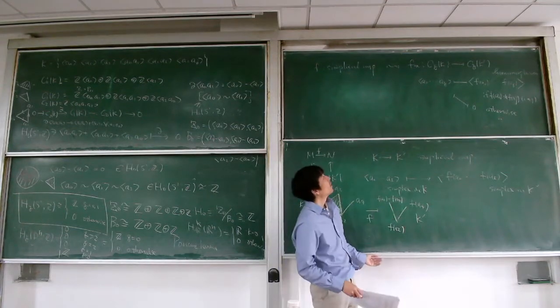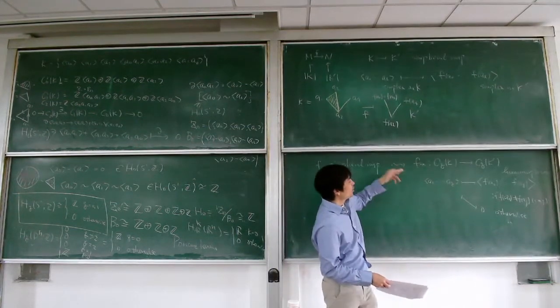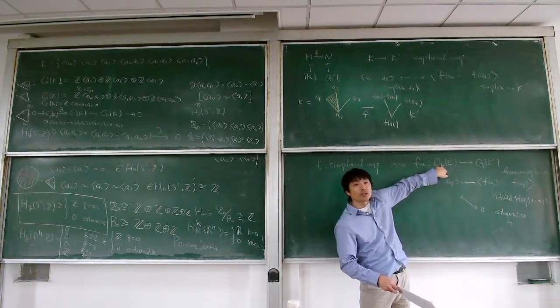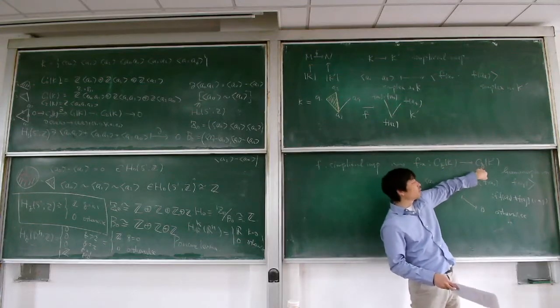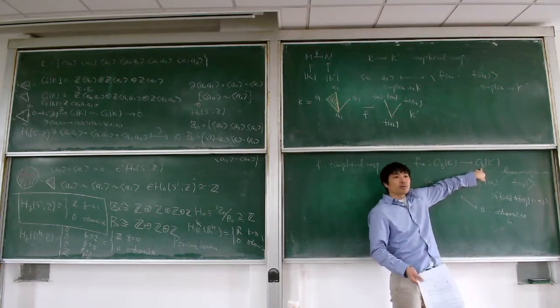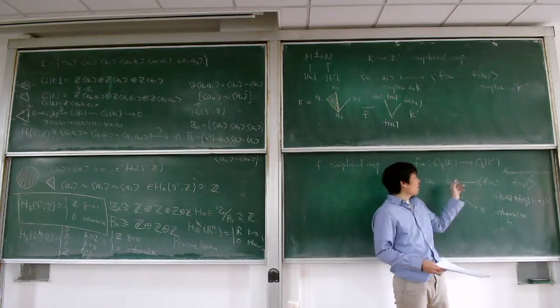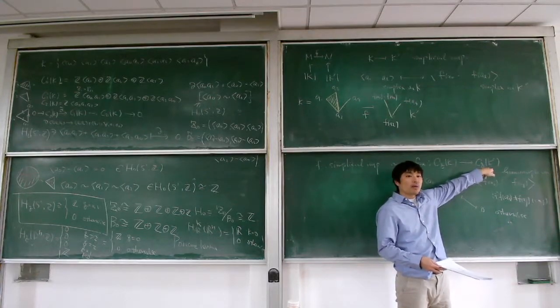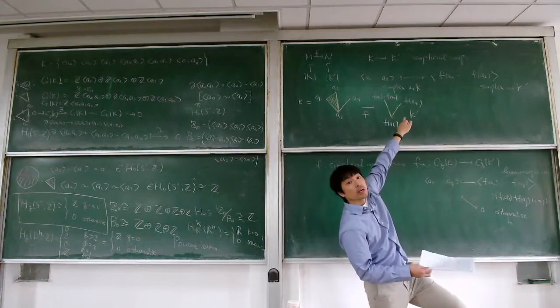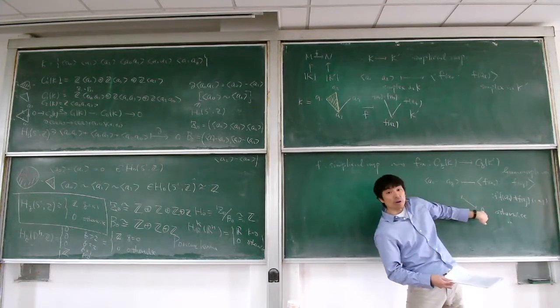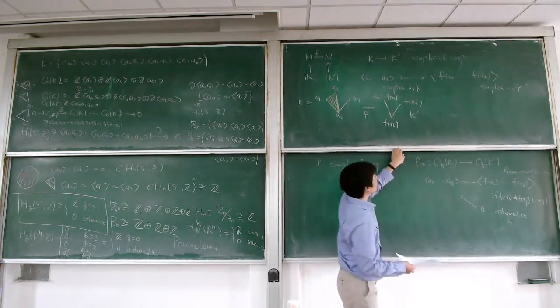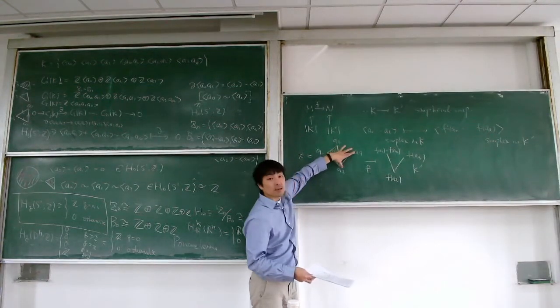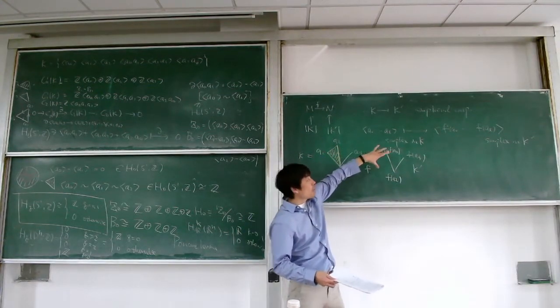So it used to be an element of the second chain group, but it's mapped to an element of the first. But there's no corresponding element in the second chain group in the image K prime under this map. Therefore, it collapses to 0. On the other hand, this 1-simplex here is identically mapped to here.